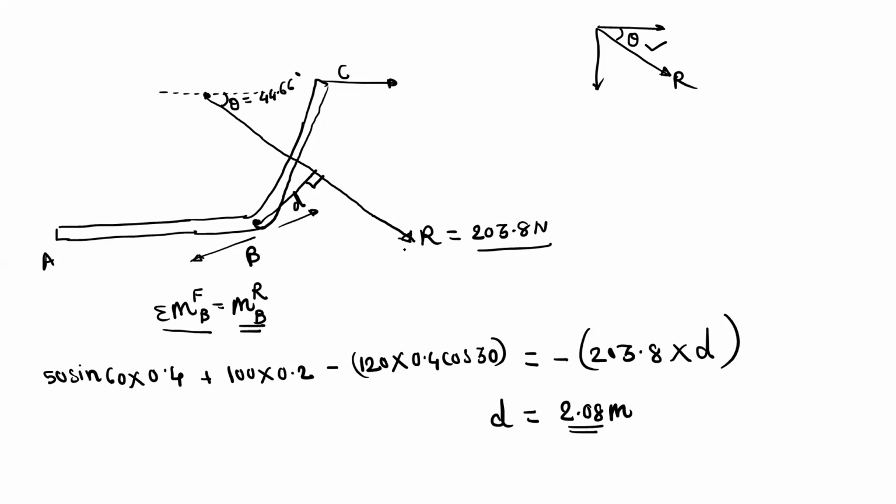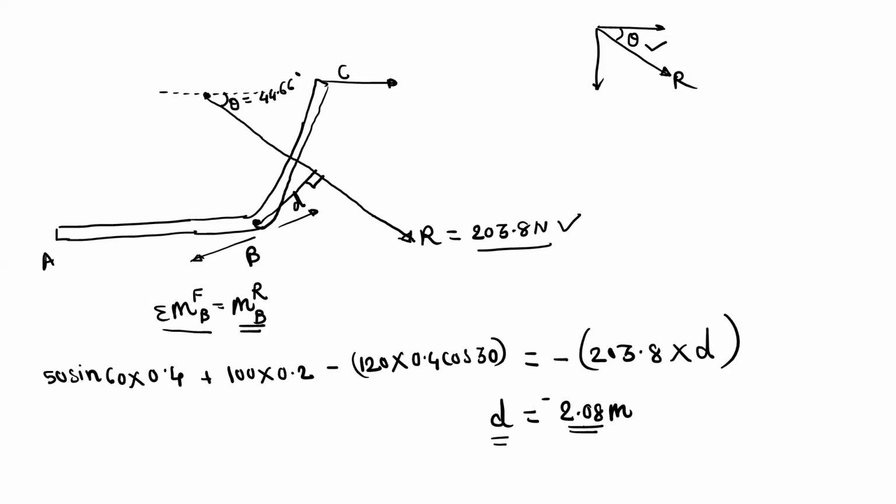And how do we decide whether our assumed direction is correct, whether it is on the right side or left side? If the value of D is positive from this calculation, then our assumption is correct, because distance cannot be negative. But suppose the distance is negative, that means your answer is correct, but the resultant has to be on the left side. So this is the difference.